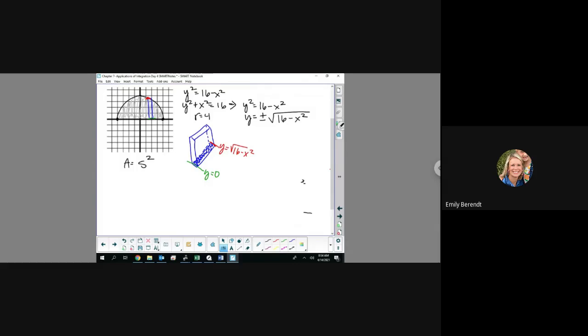So the top of your rectangle, the side of your square touches the square root of 16 minus x squared. And then the bottom of it touches 0. So the square root of 16 minus x squared minus 0 just leaves you with the square root of 16 minus x squared, because it's top minus bottom.